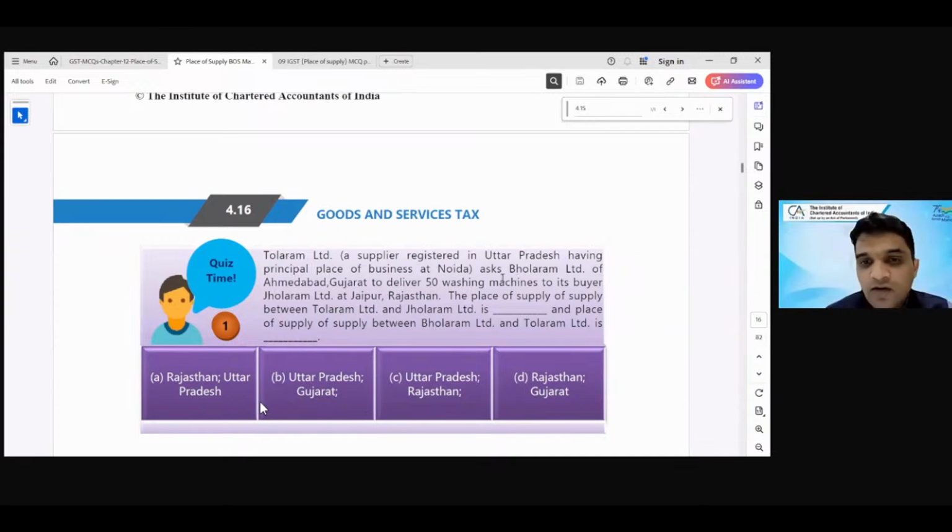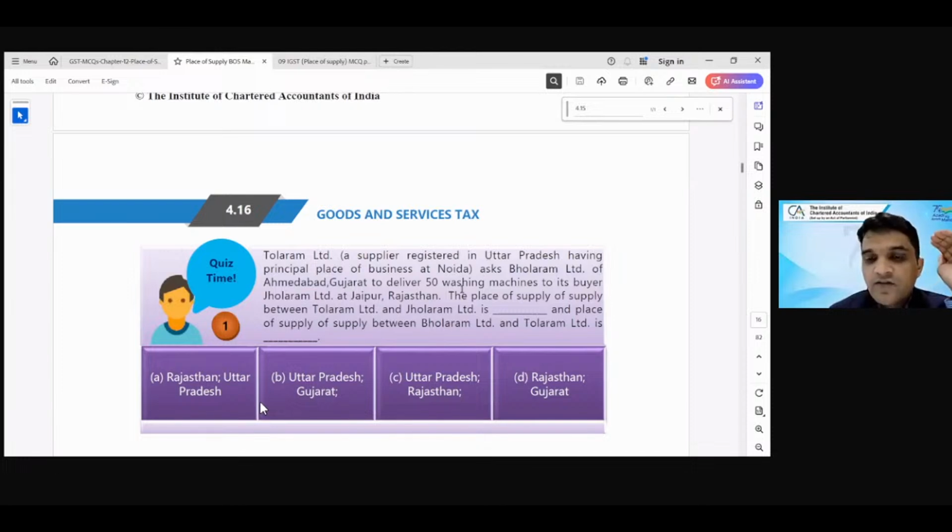No, Bholaram to Tolaram. Now, this person is in Ahmedabad and I am a supplier registered in Uttar Pradesh, having the principal place of business at Noida. Ahmedabad is not relevant because I am registered in Uttar Pradesh.